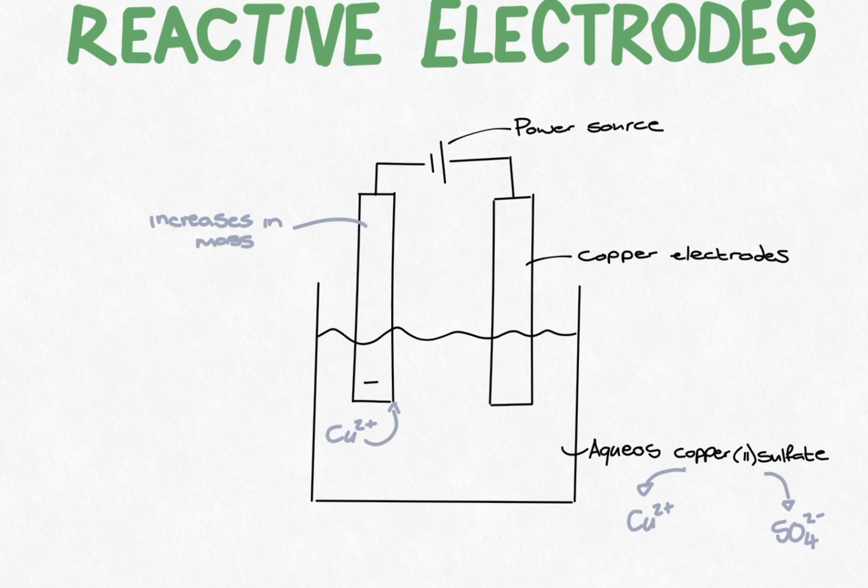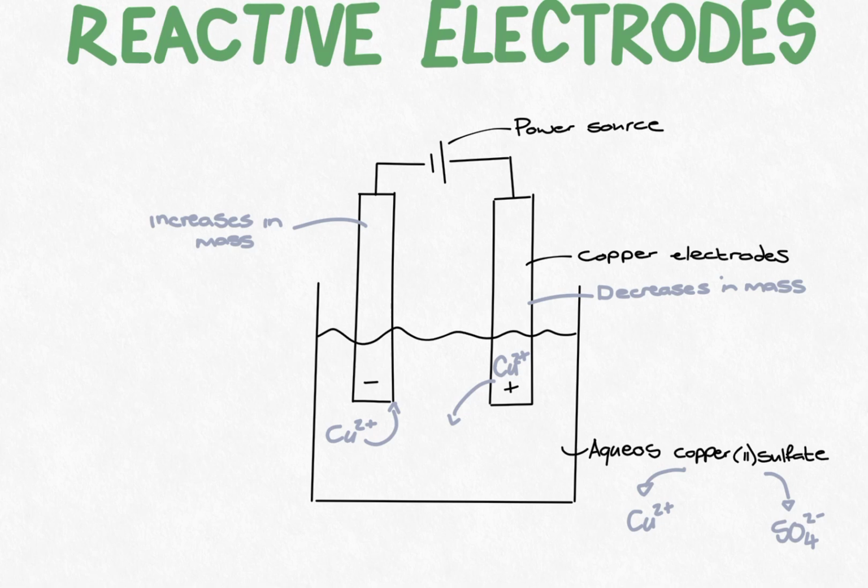Now on our anode side, copper would be released from the anode into our solution, meaning that our anode decreases in mass. Now this happens because at the cathode, the copper ions are reduced, meaning that they gain 2 electrons and deposit onto the cathode.